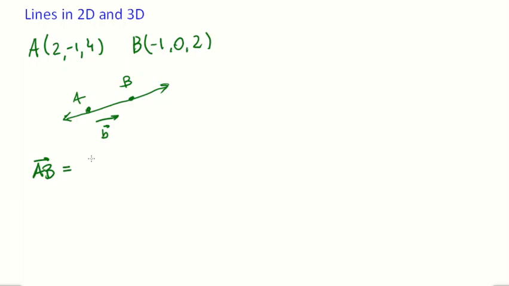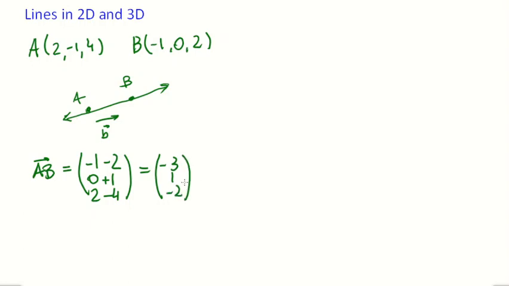Well, AB is the coordinates of B minus coordinates of A. So minus 1, minus 2, 0, minus 1, and 2, take away 4. So if we work this out, it would be take away 3, positive 1, and negative 2. This is our direction vector.